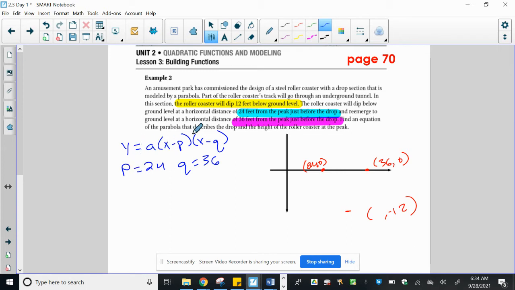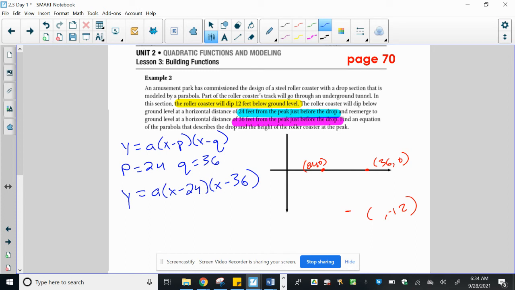So what we have so far is a times x minus 24 times x minus 36. The only thing preventing us from having this written as just a normal quadratic function would be having the value of a. So that's what's new here, is that we have to be able to find a.